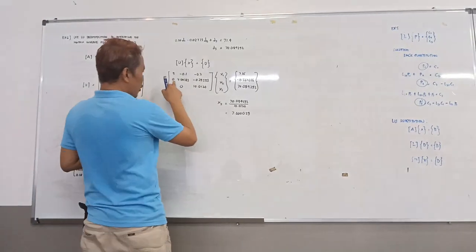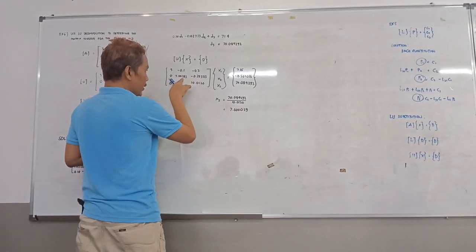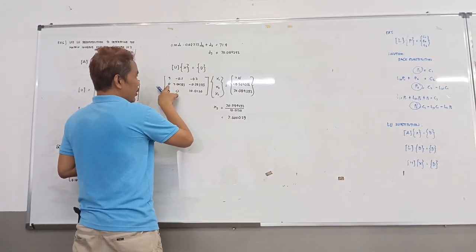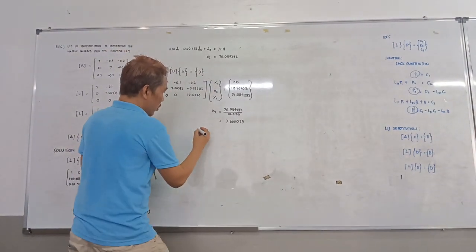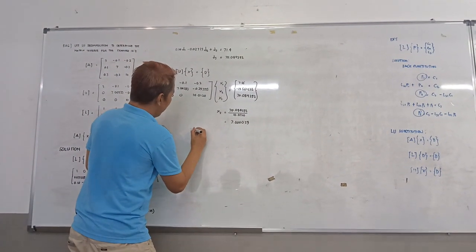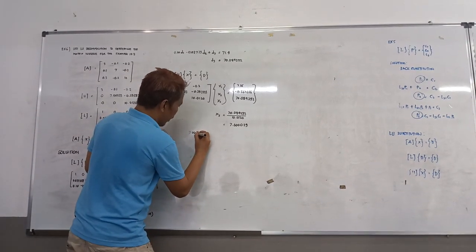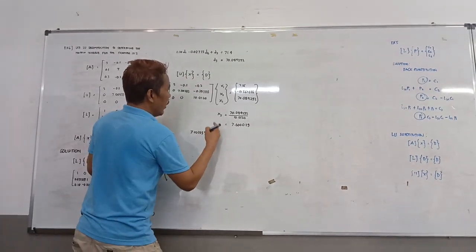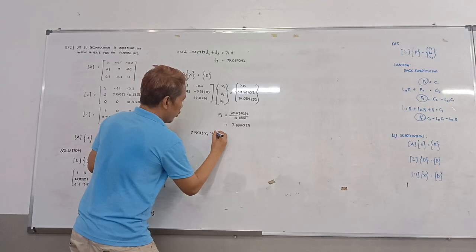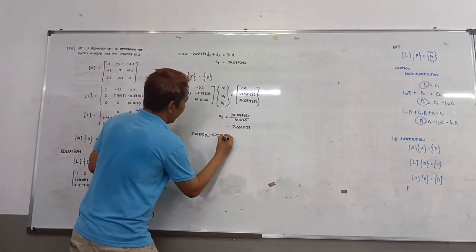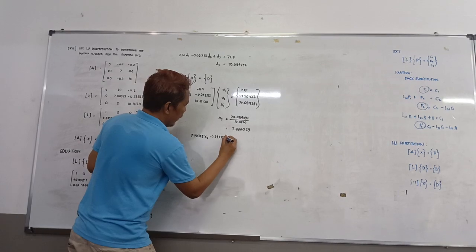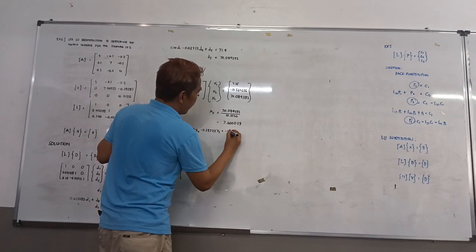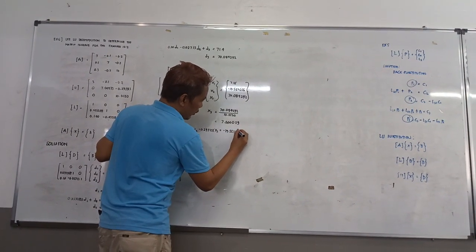Then let us go to x2. This coefficient is multiplied by x2, this one is for x3, and this one is 0, which eliminates x1. Therefore, we have 7.00333 multiplied by x2, then negative 0.29333 x3, is equal to negative 19.561666.